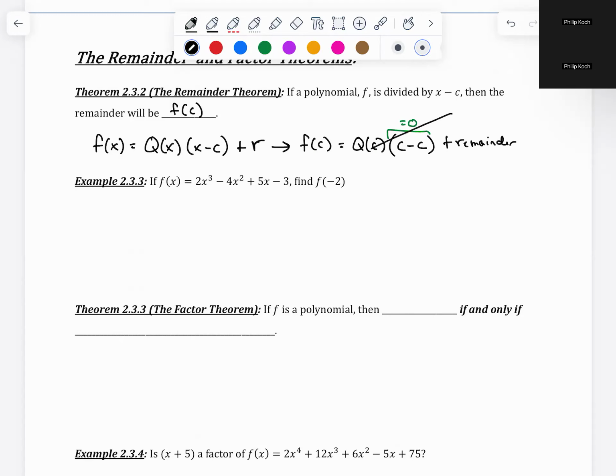So this goes away and you just have f of c equals your remainder. That's the proof. So that's why I did want to show that just as a nifty little fact. So that's by the division algorithm. So I probably should have written that by division algorithm.